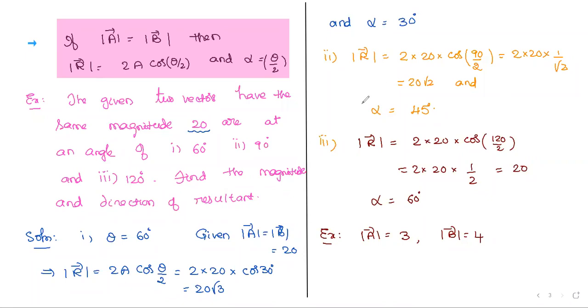Here, what is there to explain? I just used the same formula, 2a cos theta by 2. In the question he gave theta as 90 degrees, so 90 by 2. I just substituted the values.